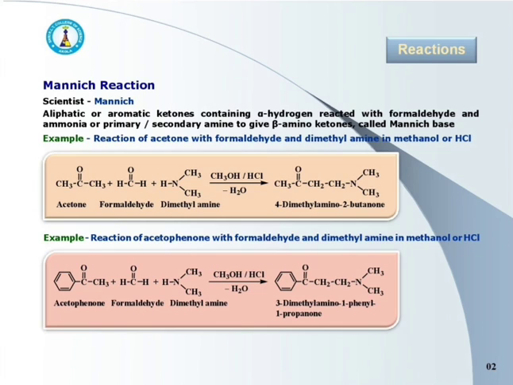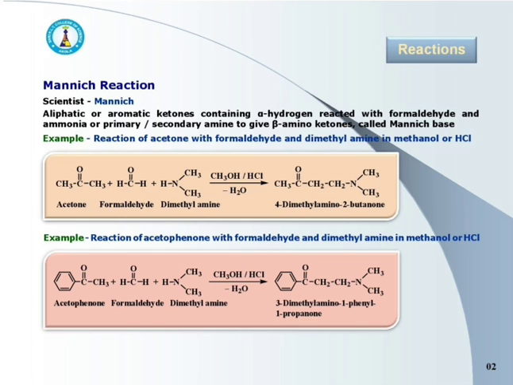Aliphatic or aromatic ketones containing alpha hydrogen, when reacted with formaldehyde and either ammonia, primary amine or secondary amine, give beta amino ketones.